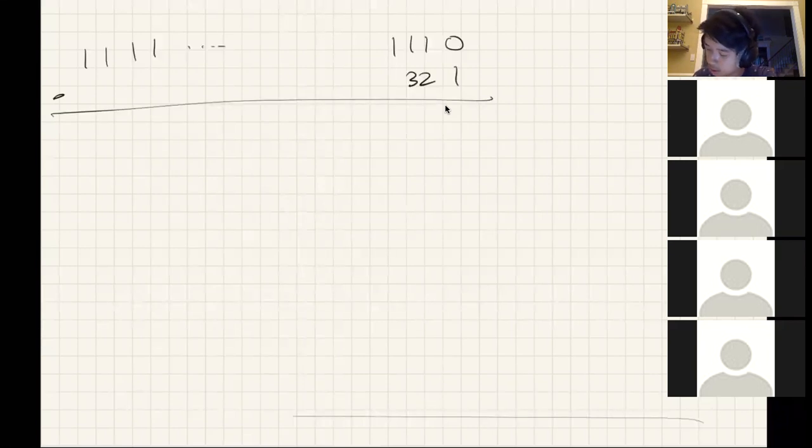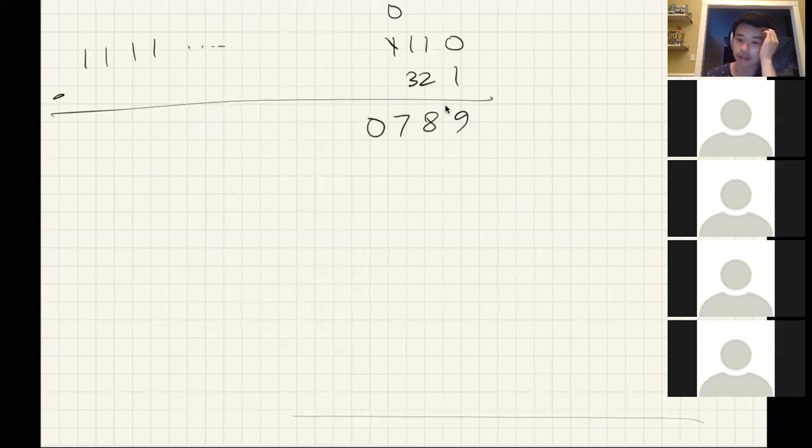So let's look at what we get, okay? The last digit of our difference is going to be 9. The next digit is going to be 8. You can follow my arithmetic along with me. The next digit is going to be 7. And then this borrows over, so this becomes a 0.